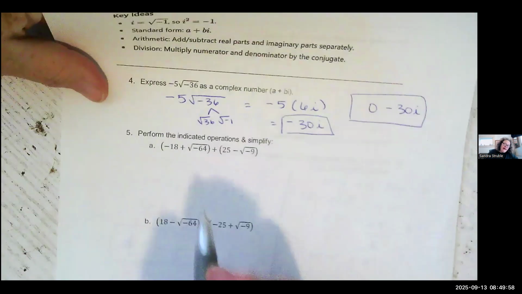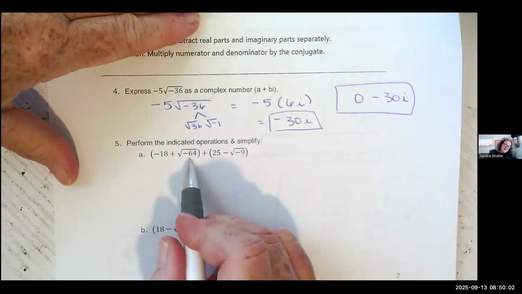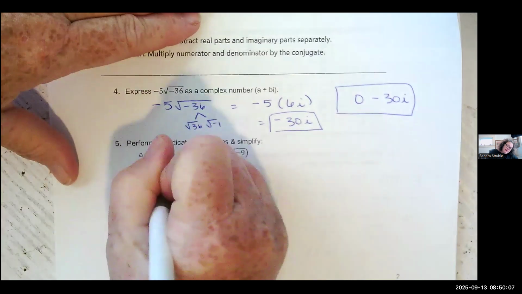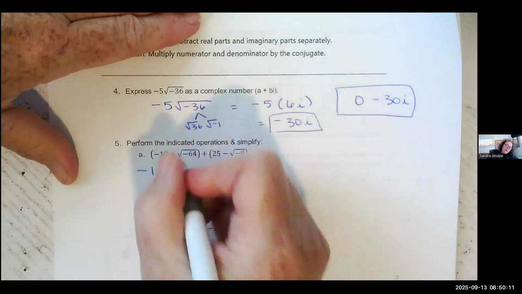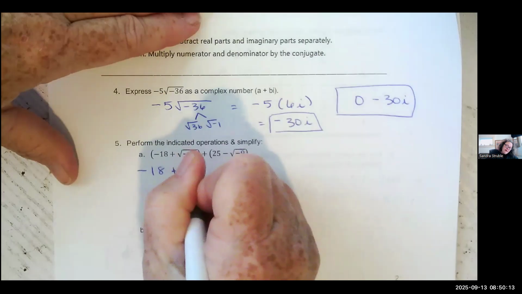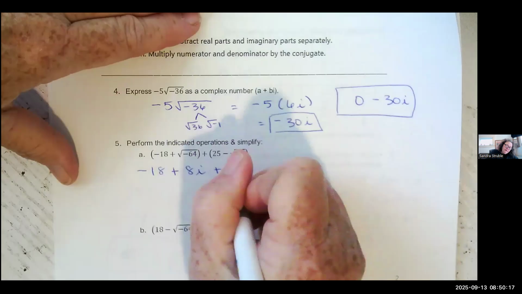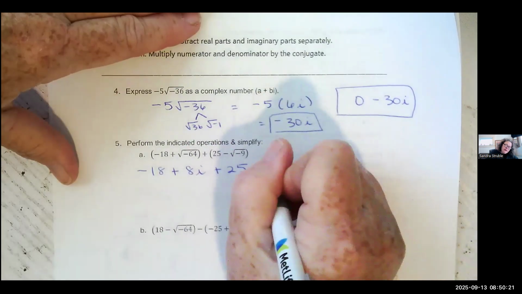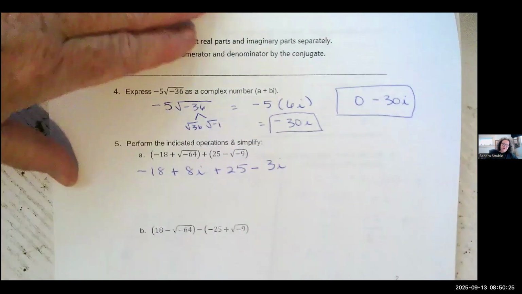Next one, we're just adding. So you just add the like terms. First thing you do is get rid of your square roots if you can. So -18 plus, this is the square root of 64, which is 8, and the square root of -1, which is i. We're adding 25 minus the square root of 9 is 3, square root of -1 is i. Now we combine like terms.